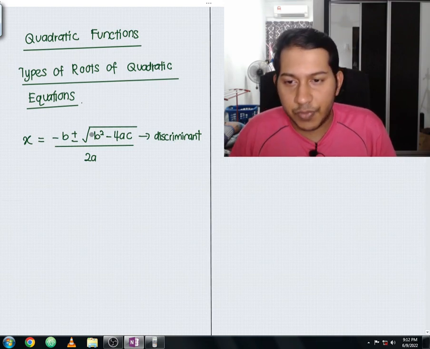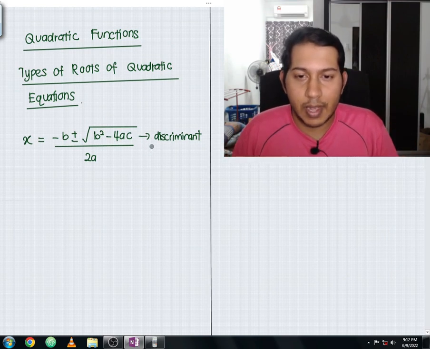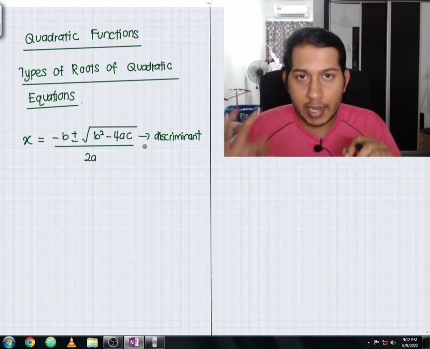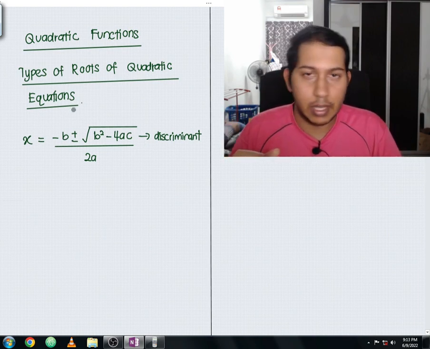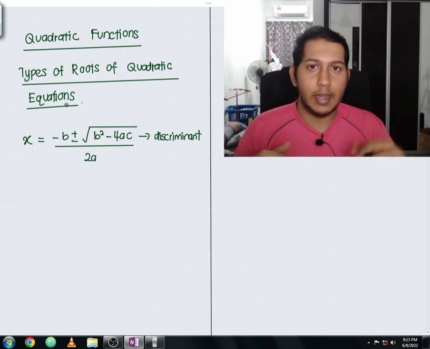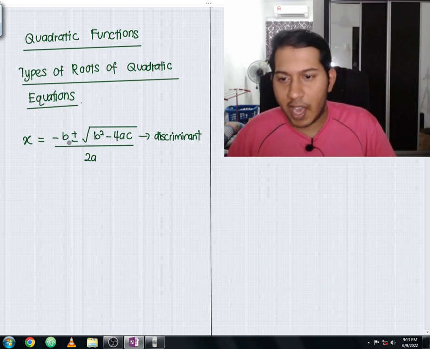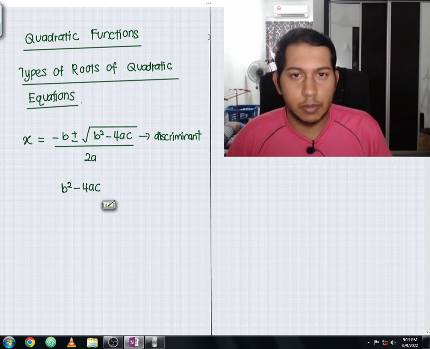There are three types of discriminant that we are going to learn, and we are going to take a look at them one by one. In this subtopic, our main concern is the b squared minus 4ac.